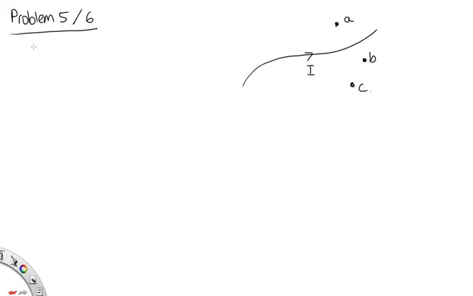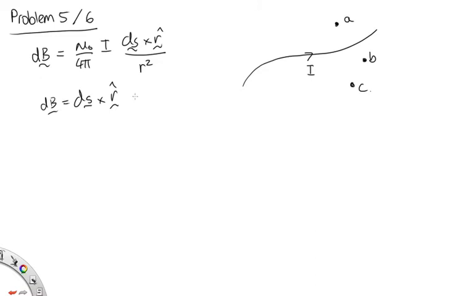So one way to do this is to use the Biot-Savart law, which tells us that dB is equal to mu naught over 4 pi I ds cross the direction of r over r squared. Okay, so all we care about is the direction. So the direction of dB is equal to ds cross r.